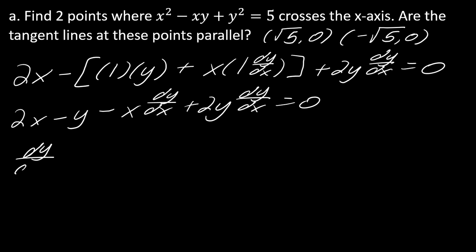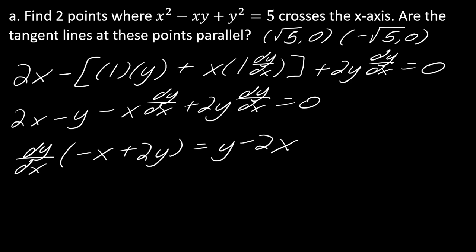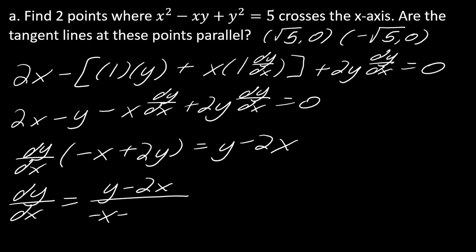Factoring it out of this term and this term leaves me with negative x plus 2y. Then bringing these 2 terms over, I just need to flip their signs. So this negative y will become positive y on the other side, and this is minus 2x. Then I can finish solving: dy dx equals y minus 2x over negative x plus 2y.